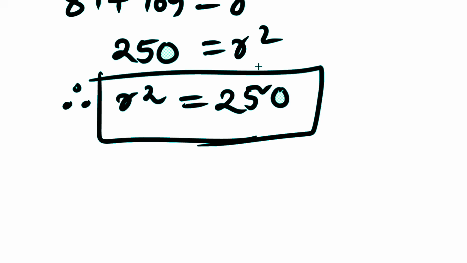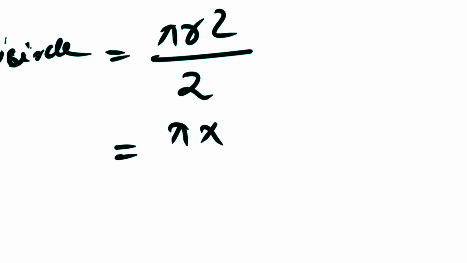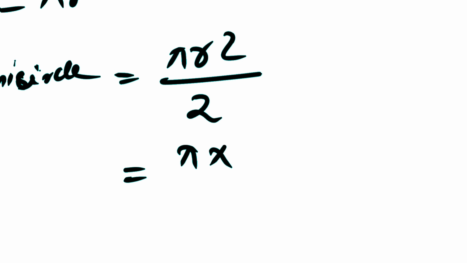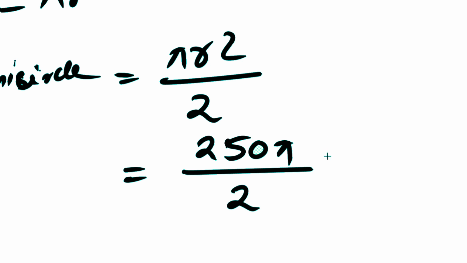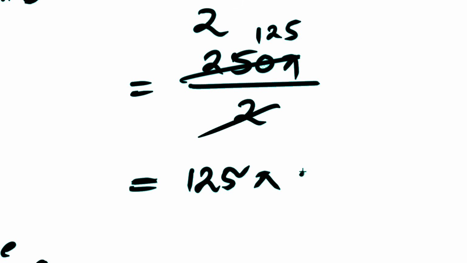We already know that r squared equals 250, so substitute that value directly. The area becomes 250 pi divided by 2. Dividing 250 by 2 gives 125. Therefore, the area is 125 pi square units.